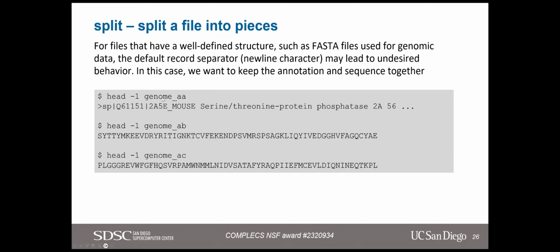But you'll see that if we just split it without any thought behind it, we'll get the first line that says that it's a mouse, but then we'll get the next 2 lines which should be associated with the mouse. The genome sequence should be associated with the mouse, but now it's a different line. So what could happen is that we split sequences apart, and that doesn't really make sense. So we need a tool to make the split smarter.